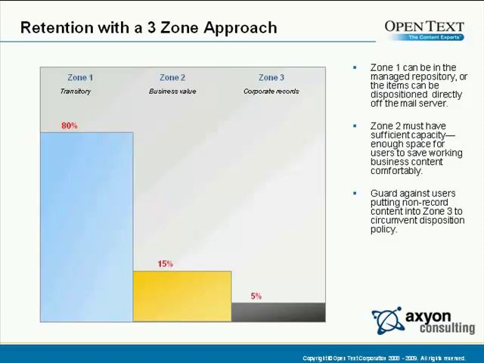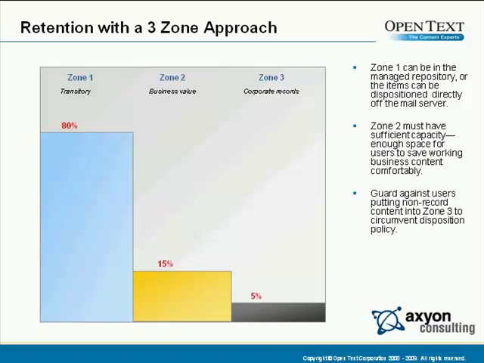If your projects or work cycles typically last about a year, you wouldn't necessarily make your business value zone 2 content a year. You would maybe make it some multiplier of that to ensure that you've kept business value content for the appropriate amount of time.